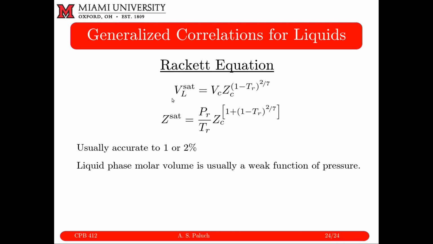But if I'm at low temperatures, well removed from the critical point, then although this equation was developed to correlate saturated liquid volumes, at low reduced temperatures you can use it to approximate the molar volume of your liquid. So if I had to estimate the molar volume of liquid water at 25 degrees C, the Rackett equation would probably give a very good estimate.